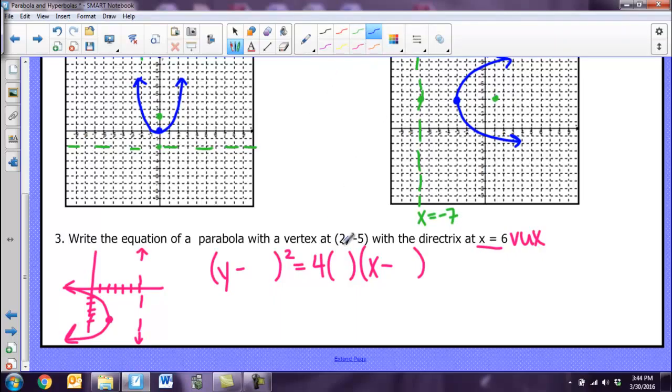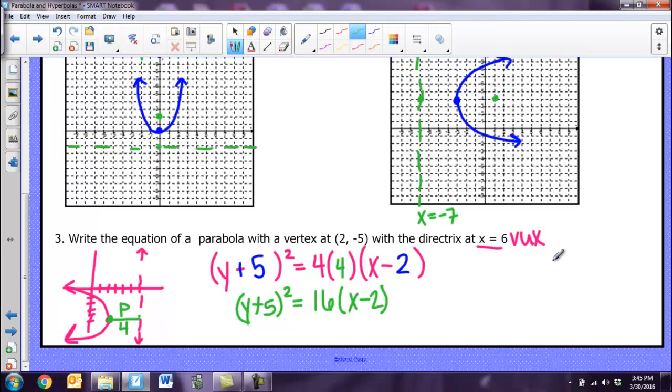Remember, minus a negative is going to make it a positive. And so all I'm missing here is my p-value. And the easiest way to find the p-value is to figure out how far is my vertex from my directrix or from my focus. And so if I counted this out, this one is going to be 4 units. 1, 2, 3, 4. So all I gotta do is plug in a 4 in here, simplify what I can, and this would be the equation of this parabola.